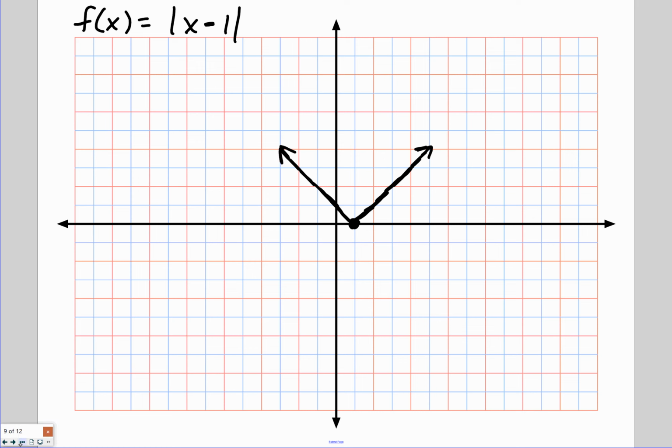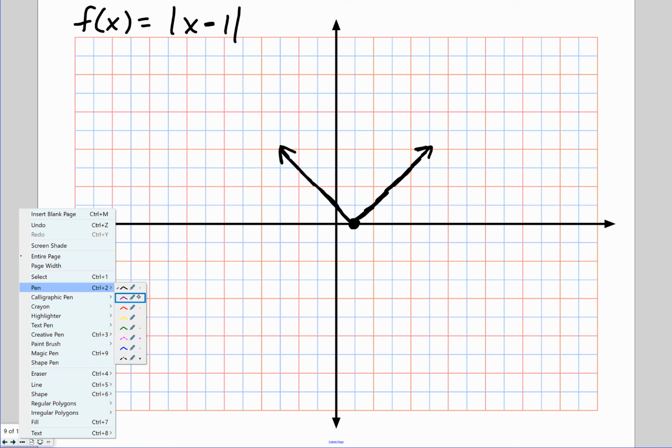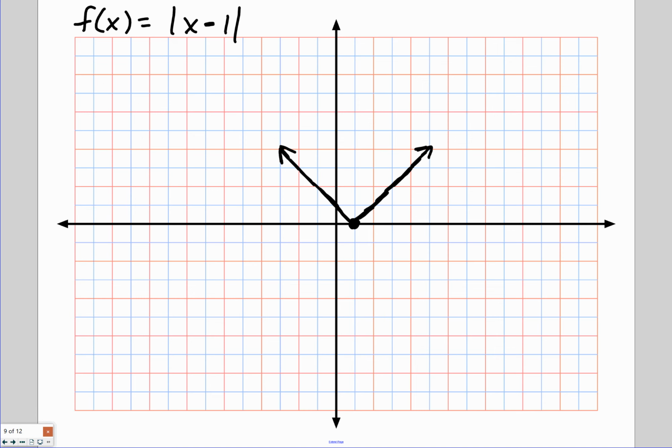I'm going to do another color to do my reflections. Let's do g of x. For this one, I believe it says to do the vertical reflection first. Is that correct? Let's do the vertical reflection up here in purple.